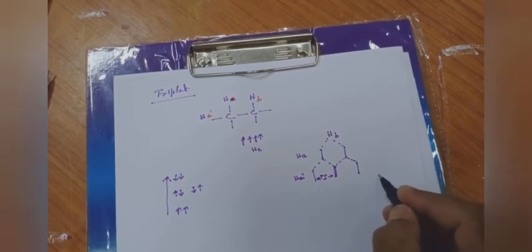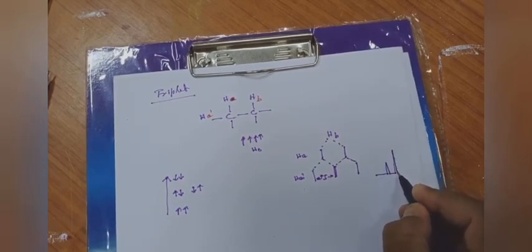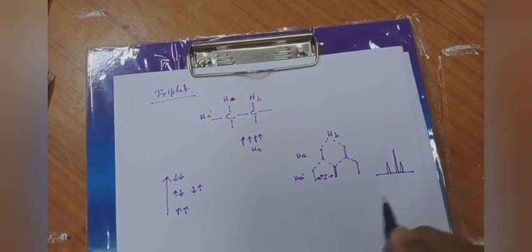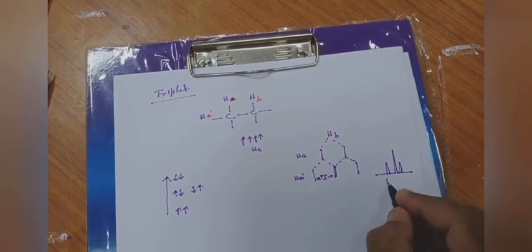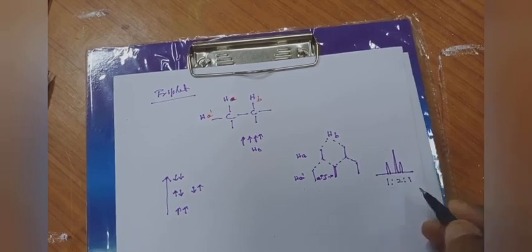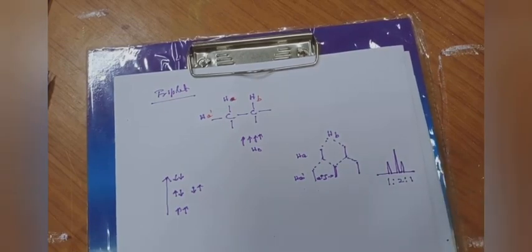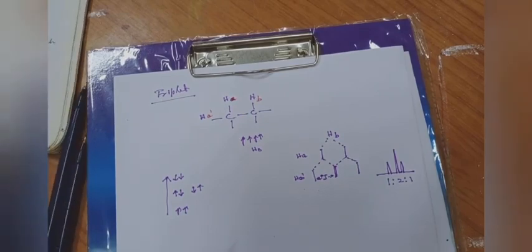The intensity of the signal is 1:2:1. So in this way a triplet is obtained here.